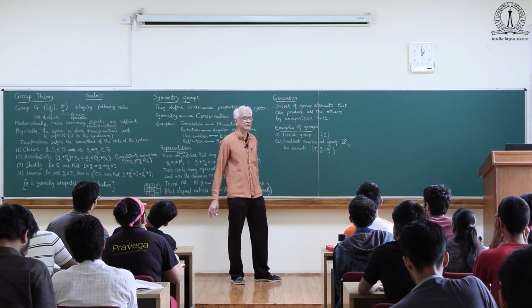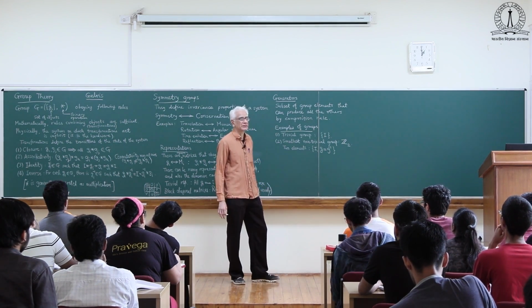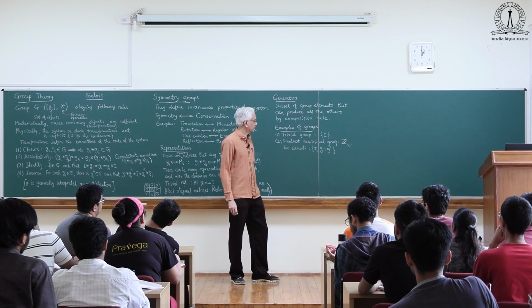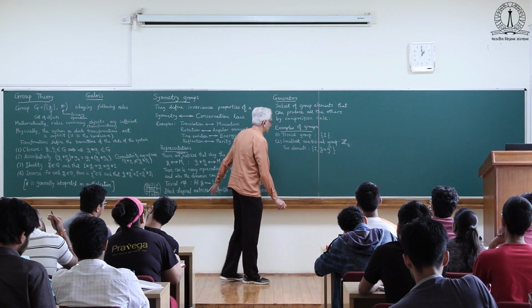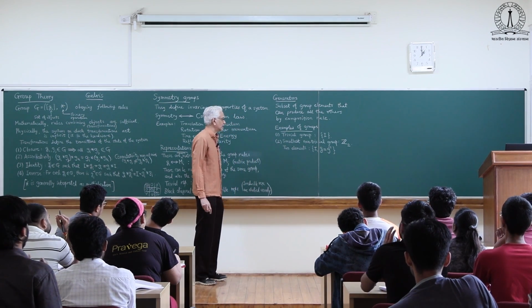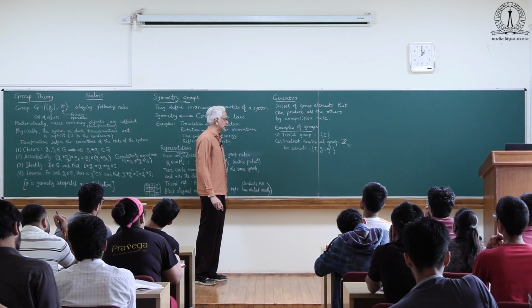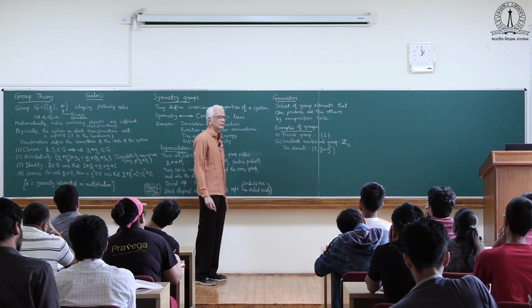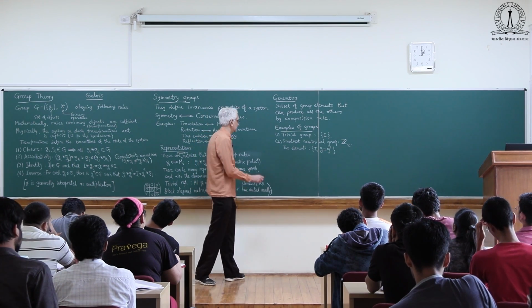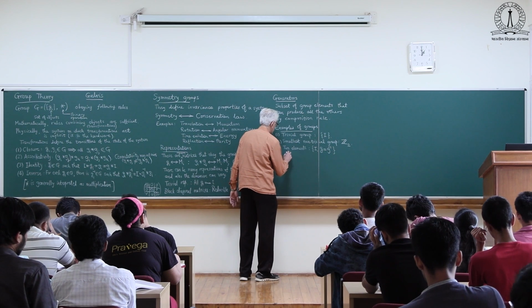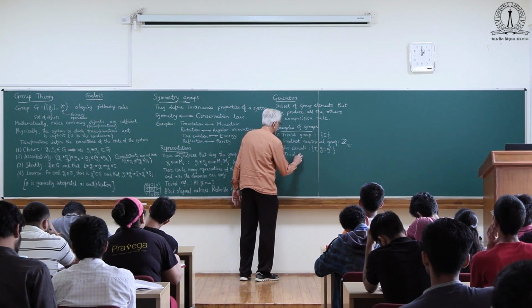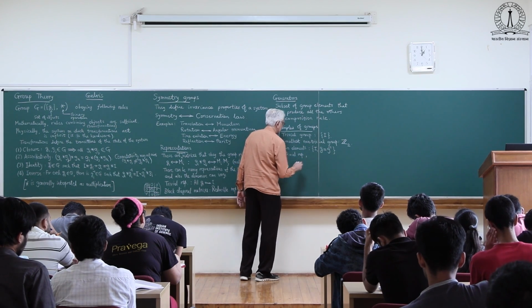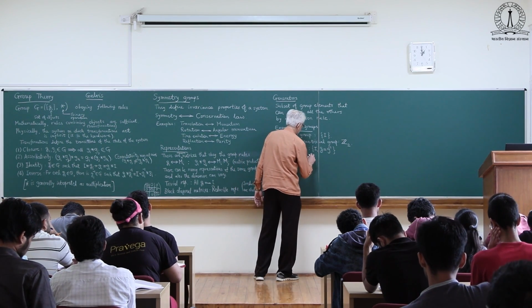That's the end of the story. There's nothing else you can do with a two-element group. And now you can ask what the representations are. And there aren't too many. There is a trivial representation which always exists, and the non-trivial one.